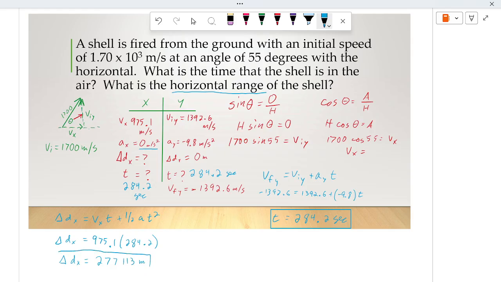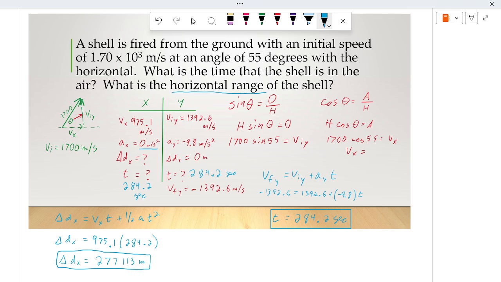That is a long way. It's 277 kilometers, which is around 200 miles. So, that went a long way, but that's what we expect again from artillery shells that are fired at 1700 meters per second.